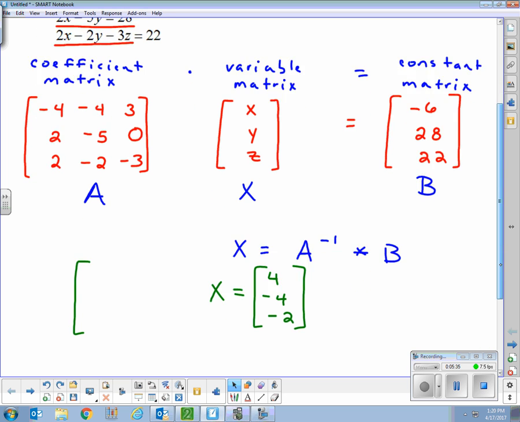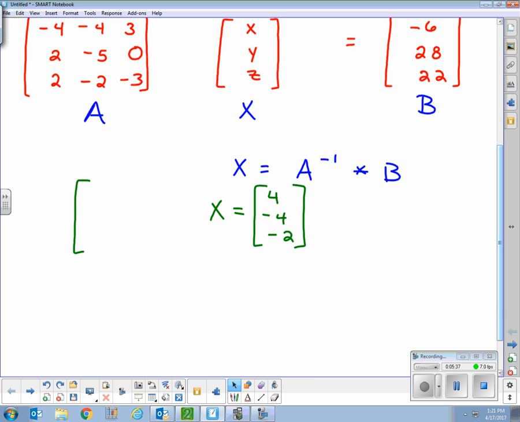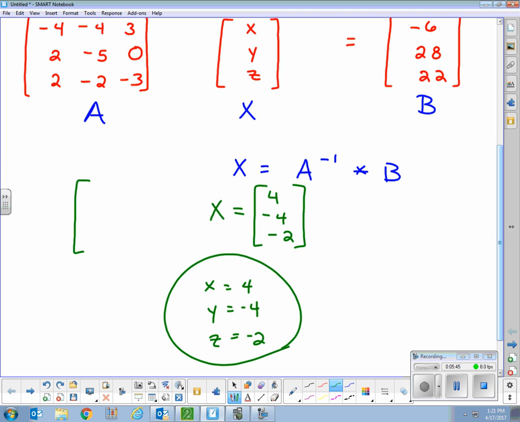So that was my variable matrix X. And so I can think of this as x equals 4, y equals -4, and z equals -2, and I have solved that system. You could also write it as an ordered triple. You might see it both ways on an ACT or on the EOC.